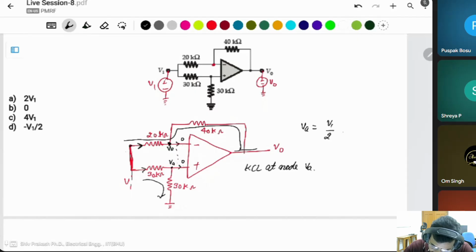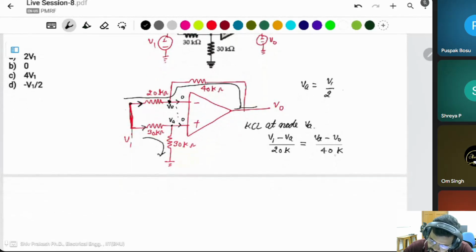It means (V1 minus VA) divided by 20K is equal to this current (VA minus V naught) divided by 40K. Multiplying by 2, 2V1 minus 2VA is equal to VA minus V naught.